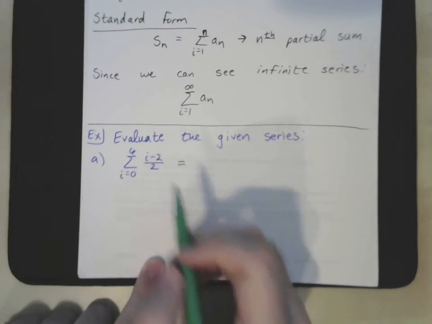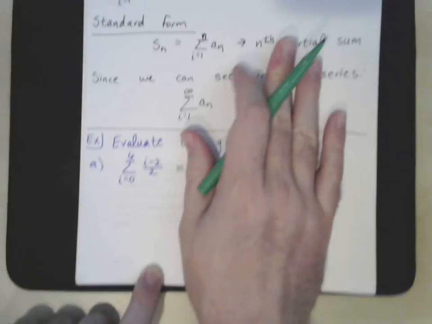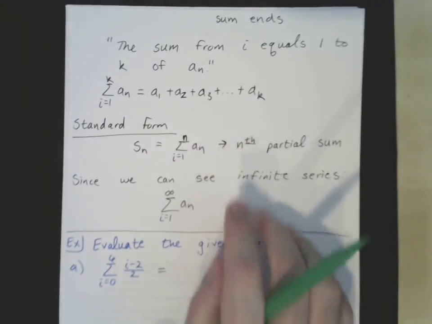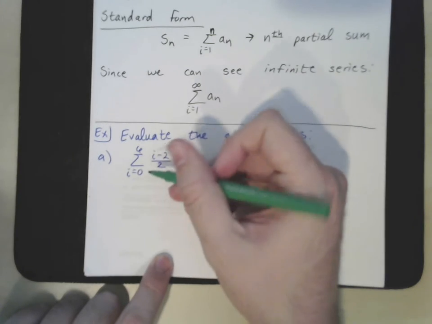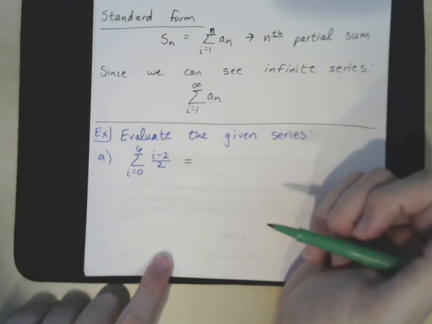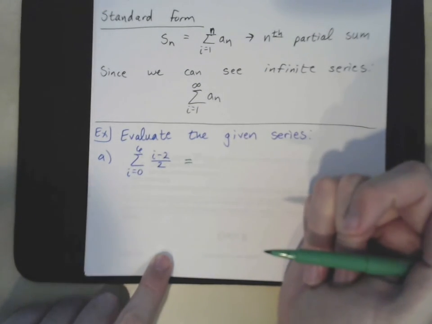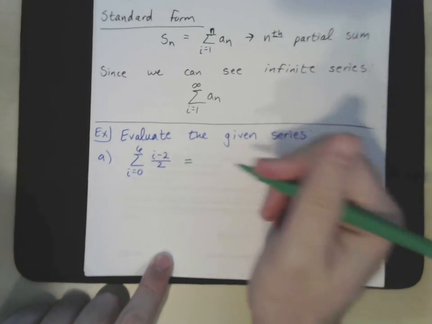So we're just setting up just like we did up here, from 1 up to k. Now this one starts at 0. It can start at whatever number you're told to start at. Traditionally, we start at 1, but not always.